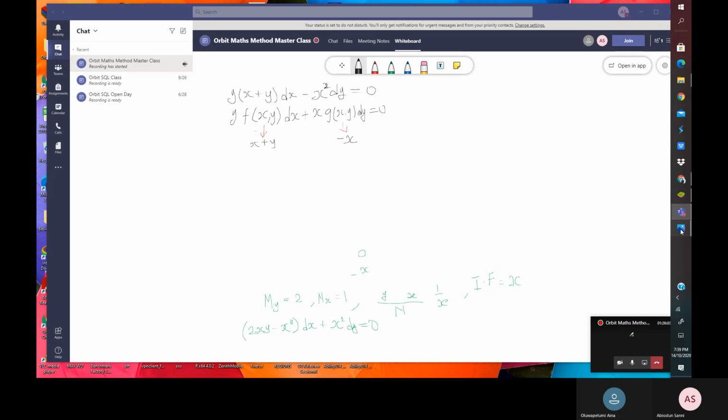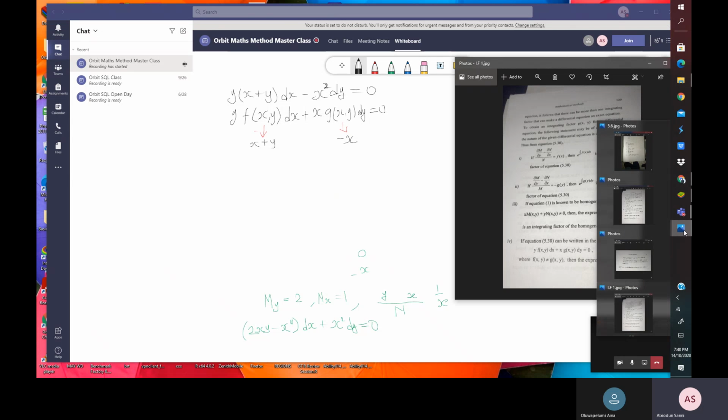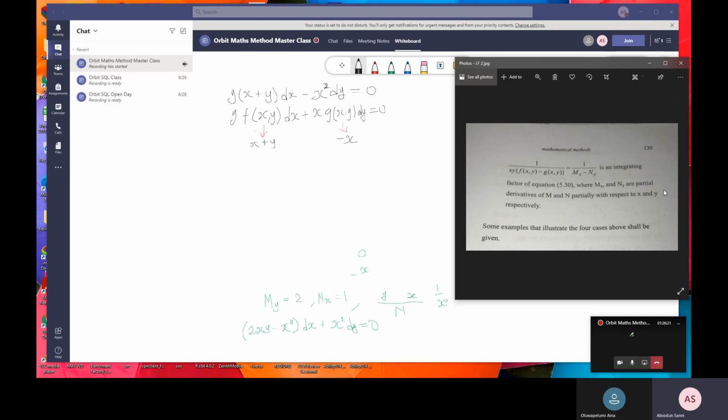Now, I'm using this last condition, the one that is here. If you look at f of xy and g of xy, are they equal? No. Then this condition is satisfied. So our integrating factor is going to be 1 over Mx minus Ny.